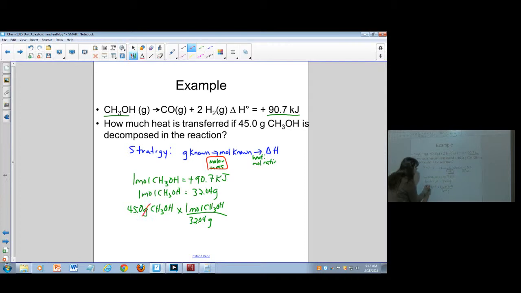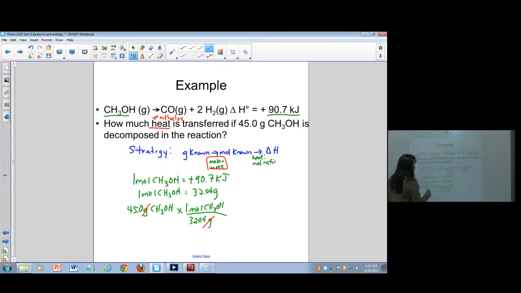Notice that we don't have grams anymore. Where are we trying to get? We're trying to get to an enthalpy value here. Enthalpy would have been better than heat as a word, but anyway. 45 grams times, so here we are to 1 mole after we divide by 32.04.